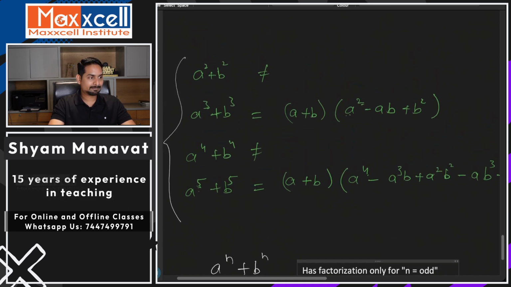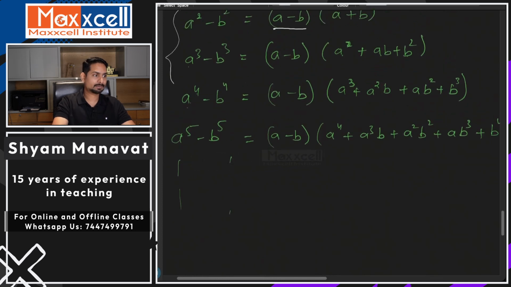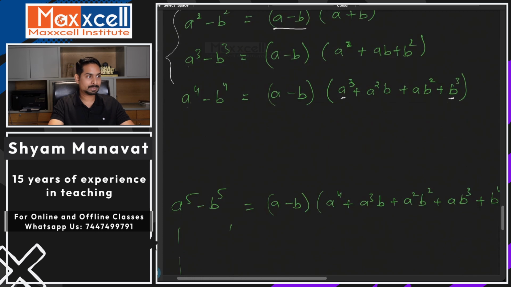Now let me take the reference of this. If I take the reference of this, you can see a cube plus b cube. You are going to get a brilliant outcome of this, so please stay tuned. Do not skip. So a to the power 4 minus b to the power 4. If I look further, I can see a to the power 3 and b to the power 3.